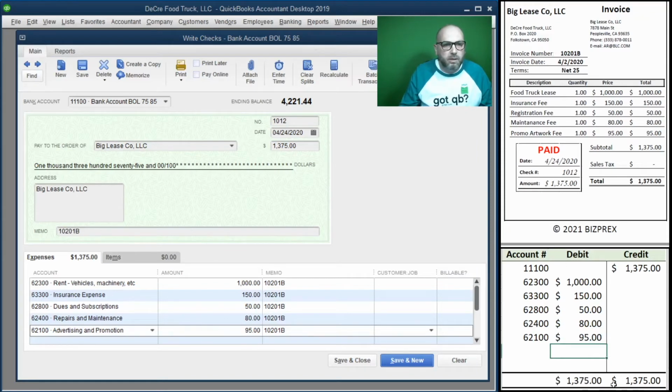Voila, our debits and credits are in balance. We're good to go. We're going to save and close. Again, credit right here. Debits, each one of those is a debit for the corresponding account. We're going to save and close.